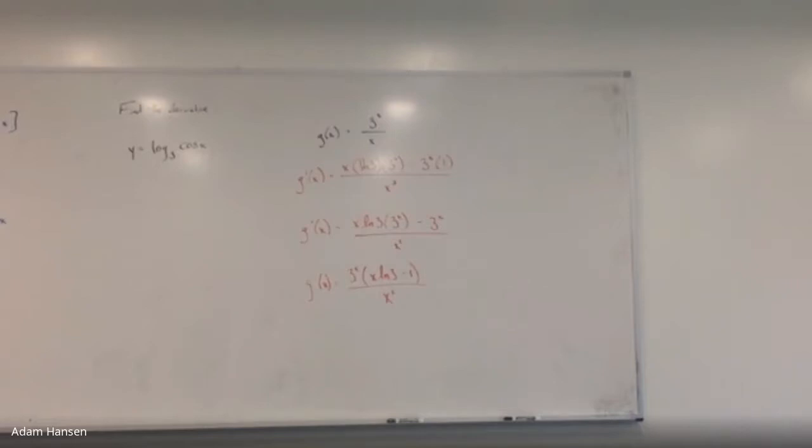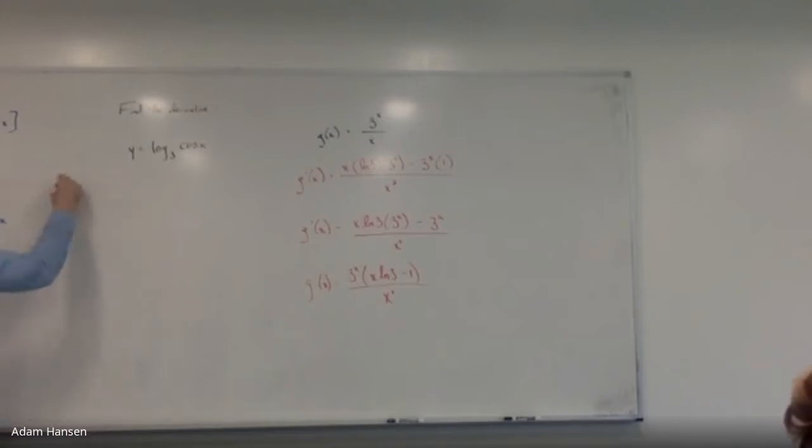Log base 3 of cosine x. I've switched from exponential to now log, right? So we're going to use this formula. What is that? Number 11 on your formula sheet if you're looking here. Log base a of u, its derivative would be u prime over ln of a times u. So let's maybe take a second and write down everything we've got from this.